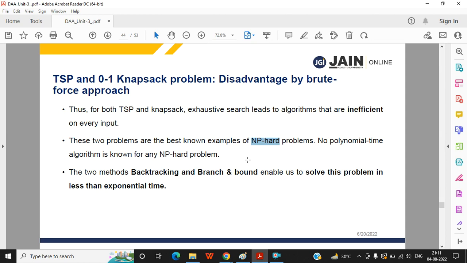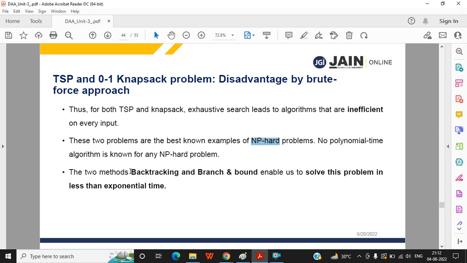Best case and worst case are difficult to determine, that's why it is called an NP-hard problem. Using this brute force technique, we will not be able to tell the specific time complexity, best case, worst case, something like that.